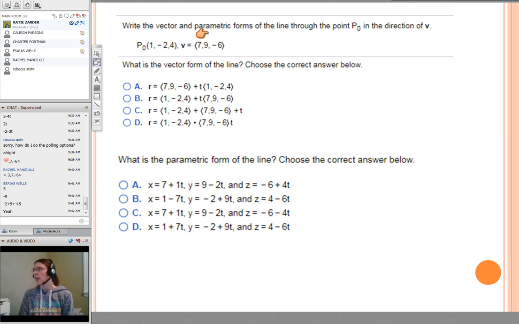So they already did the hard work for us, if you can call it hard work there. But which one of these is the correct setup for the vector form if this is the point and this is our vector? So is it choice A, B, C, or D? Which one of these is the correct vector form of the line?